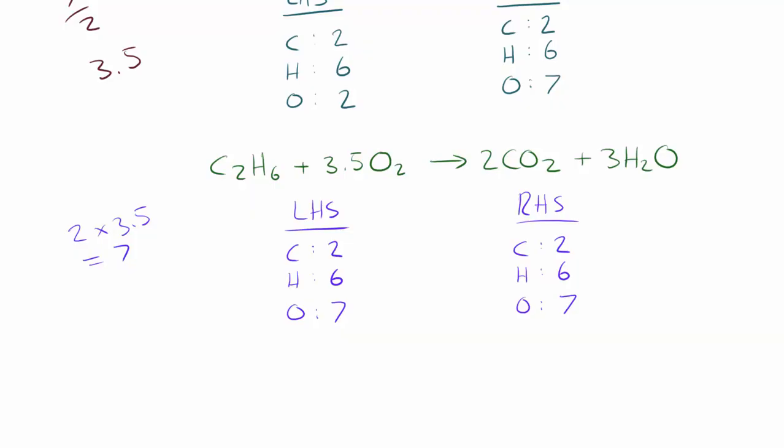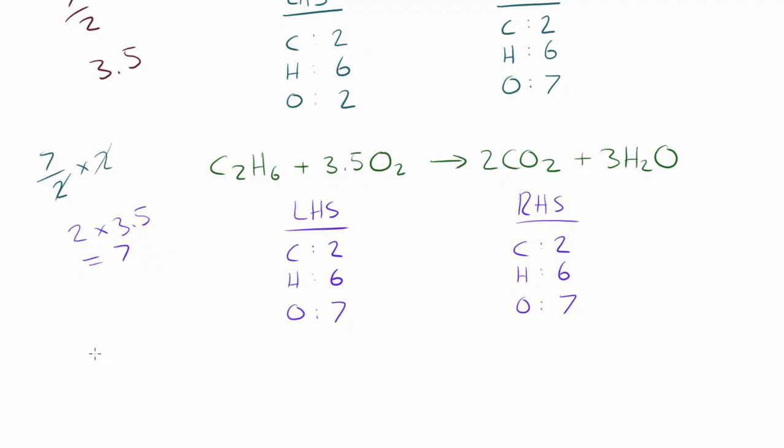Well, what we know is that if we had 7 over 2, right? If we multiply this by 2, then the 2's effectively cancel out and we're left with 7, which is a whole number, of course.